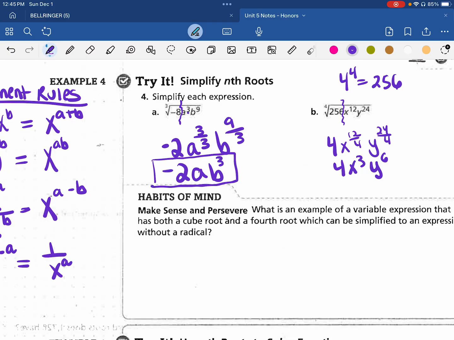Now, x to the third we kind of have to worry about, because here it's odd, but there it was even. So x had to be a positive number, and now it could be negative. So we're going to rewrite our answer as 4 absolute value of x to the third, y to the 6th.